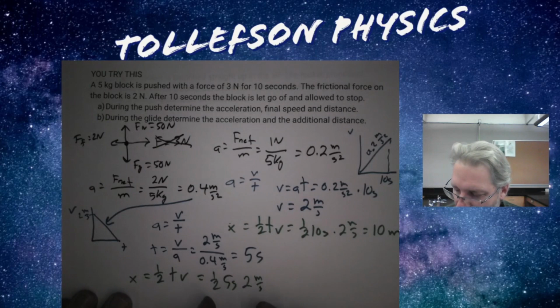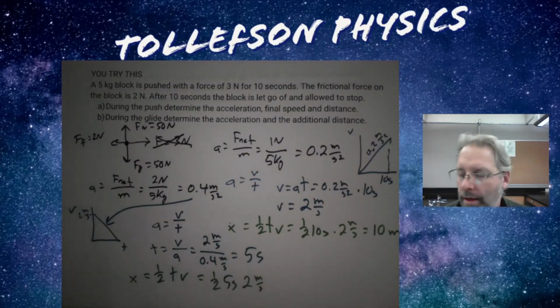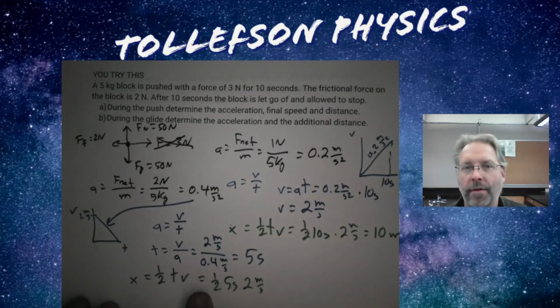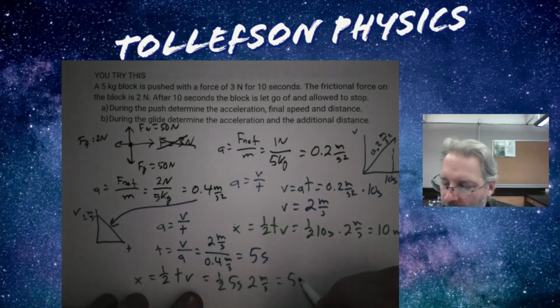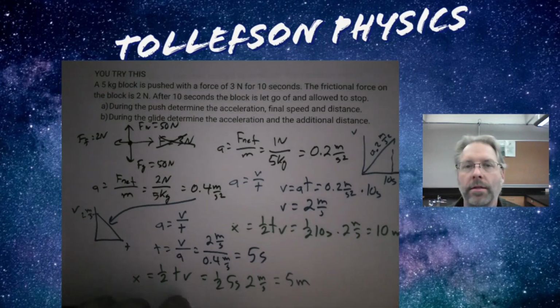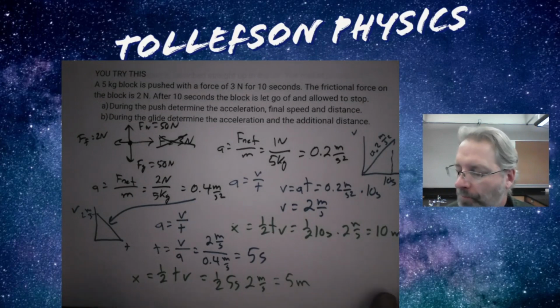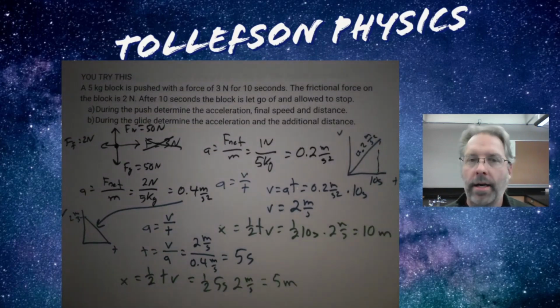So once again, the 2 meters per second shows up in both parts because it sped up to it and then it slows down from it. So 2 divided by 2 is 1, and so that final distance, in fact, is half the distance that it slid before. So it slides another 5 meters. So the total distance that it slides is 15 meters if we add those up.